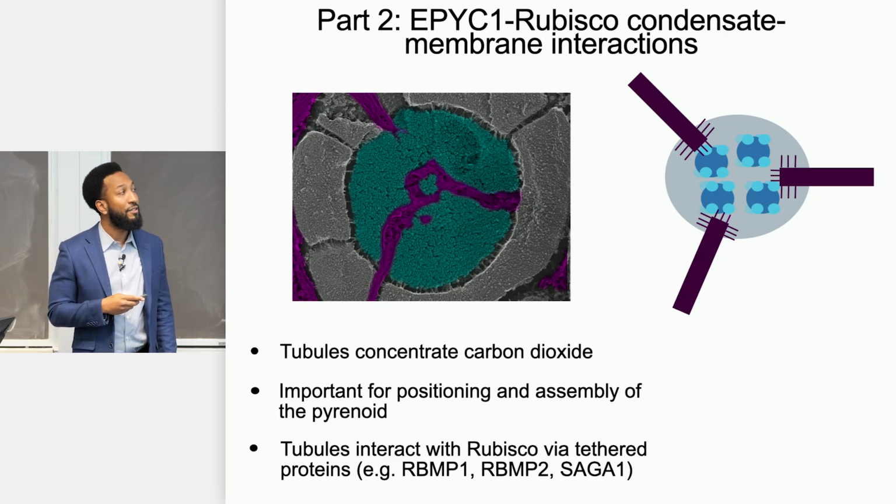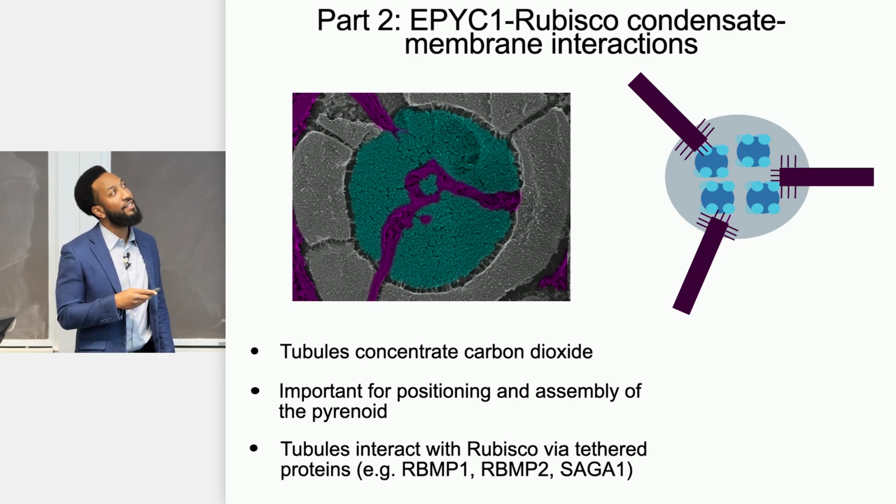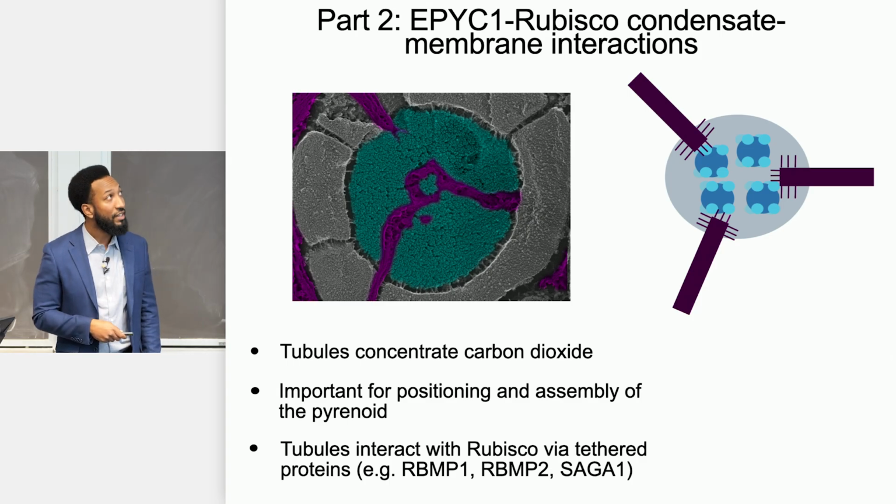Some of my colleagues have been trying to understand these proteins that bind the tubules to the liquid-like droplet, these little things I'm showing here. They're starting to identify these in algae, these so-called tethers that connect the tubules with the liquid-like droplet.